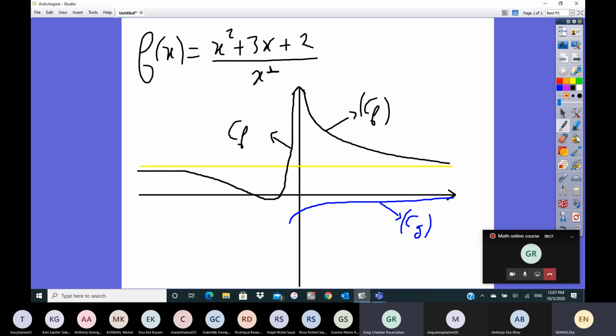I remind you that we only considered this portion of f, which is the yellow one, and we drew it symmetric with respect to the line y equals x, as you remember.